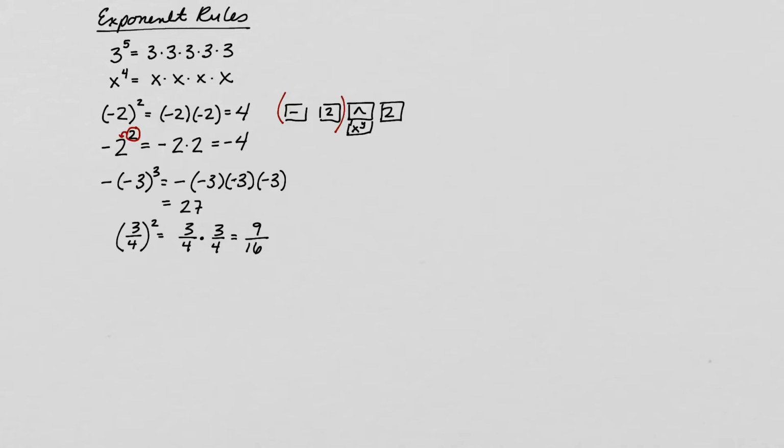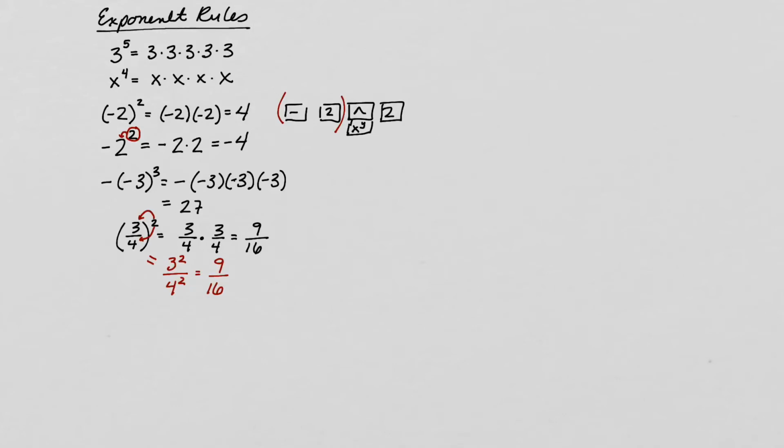You also could have gotten there by thinking about distributing the exponent to the top number and to the bottom number. So we could have gotten there instead by saying this becomes 3 squared divided by 4 squared. And 3 squared is 9, and 4 squared is 16. So just because you have a fraction, don't get super scared. It works the exact same way.